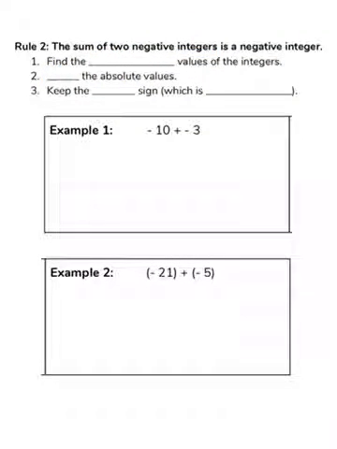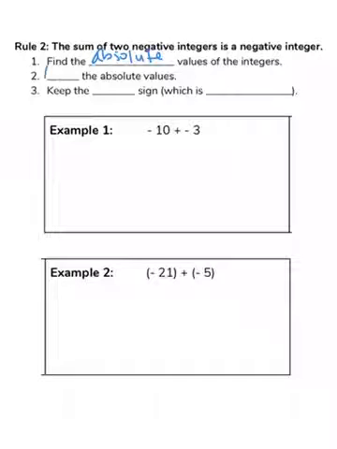If you take a look at Rule 2, now we're going to move into using negatives. So it says the sum of 2 negative integers is a negative integer. So again, we're going to find the absolute value of each integer.